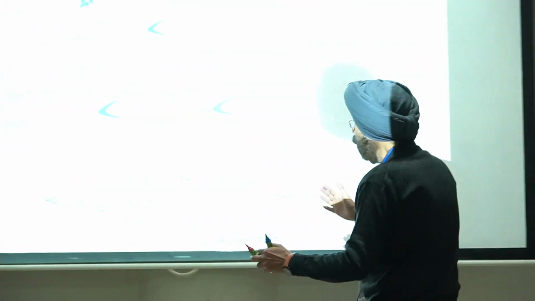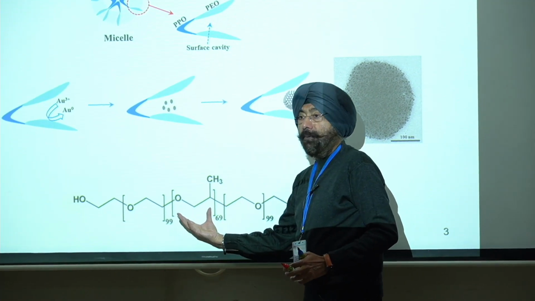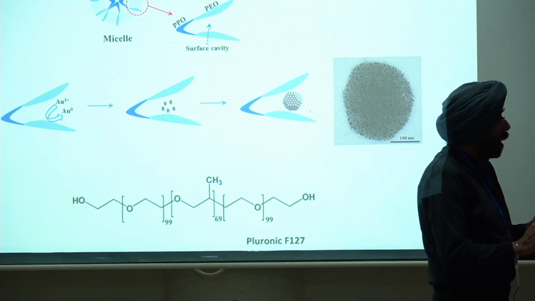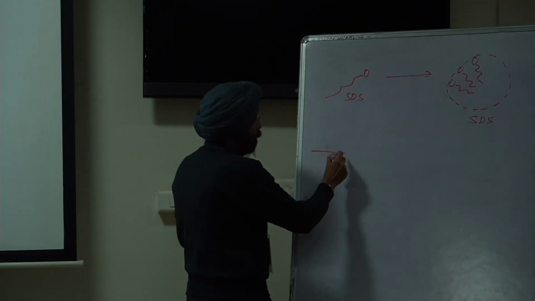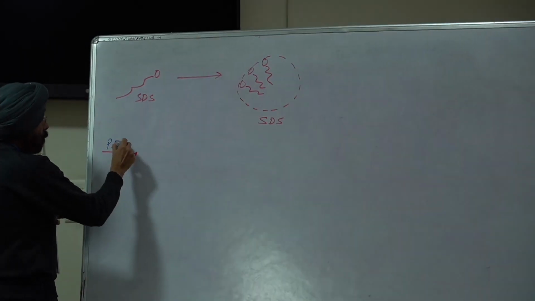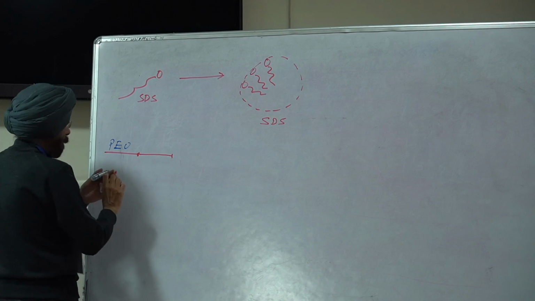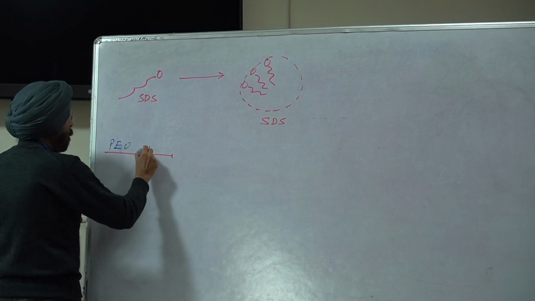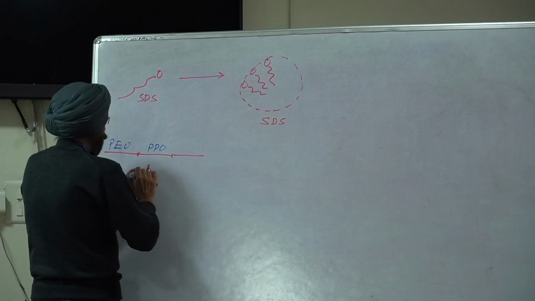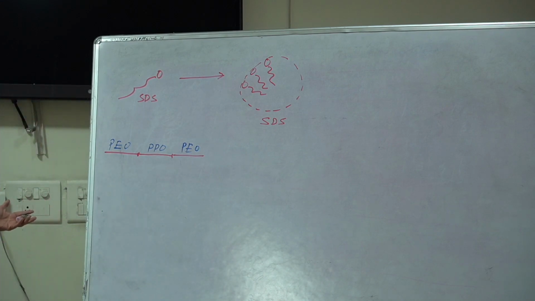It means that you have one block of polyethylene oxide, another block of polypropylene oxide, another block of again polyethylene oxide, and schematically we can show it like this. It is polyethylene oxide, and then again you have a block of polypropylene oxide, PPO, and again it is oxide.